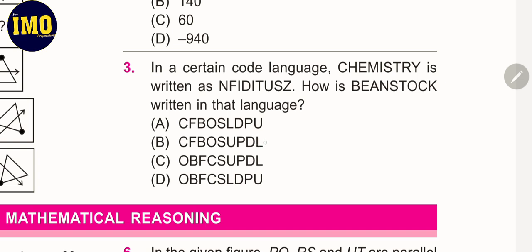So we need to do something. F, G, H. But what exactly happened to the beginning letters? There is a C. So it must be D, but it's not D, it means N. So there is a large gap between these two from C to N. Similarly, B is there.